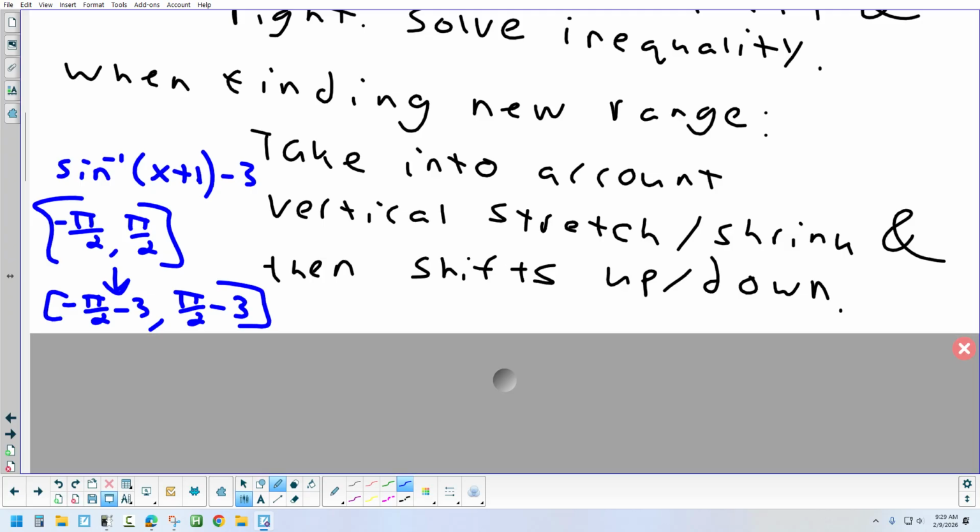Oh, we're looking at the range right now. So what does the plus 1 have to do with the range? Yeah. Nothing. The plus 1 has nothing to do with the range. The only thing that's affecting the range here is shifting it down 3 units.